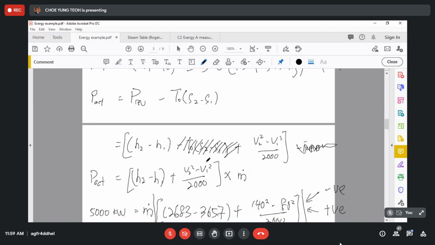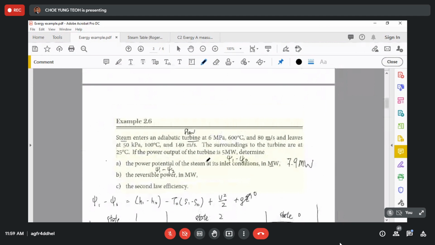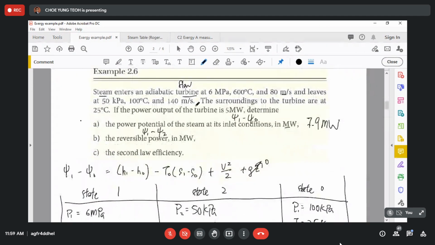Okay, so we come back to this question. From this you can see that you have three different outputs: 5 megawatt, 7.9 megawatt, and 5.81 megawatt. So 5.81 is the maximum possible value from state 1 to state 2.